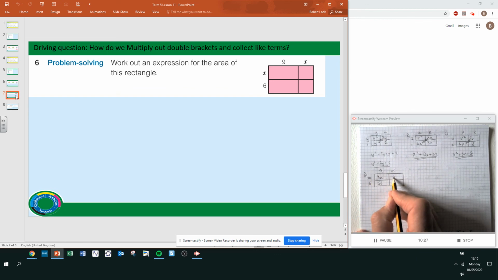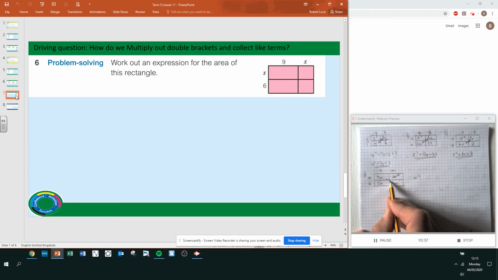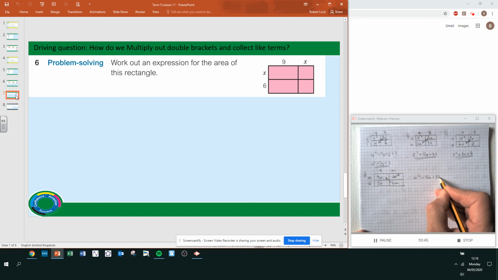X times x is x squared. 6 times x is 6x. Here we find there's only one x squared. 9x plus 6x is 15x, plus 54.